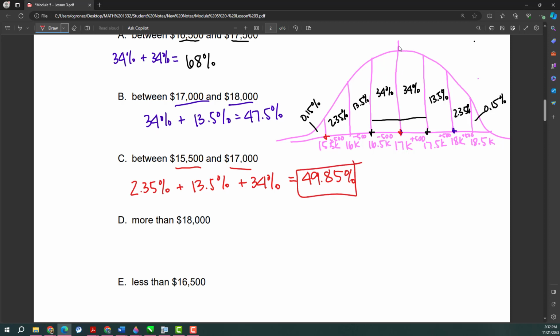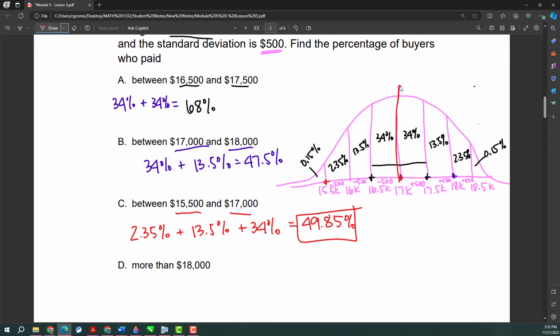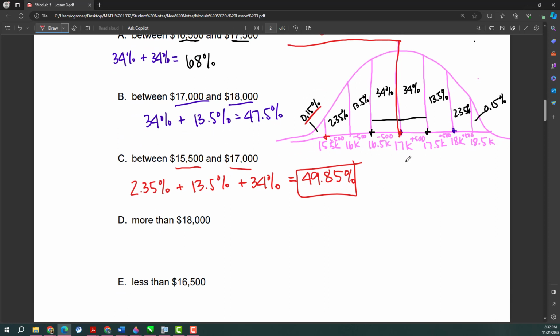And that makes sense because half of our graph, if our entire bell-shaped curve is 100%, then half of it is 50% of our data items. And if we were looking at all of the pieces except for 0.15, then we would subtract 50 minus the 0.15.